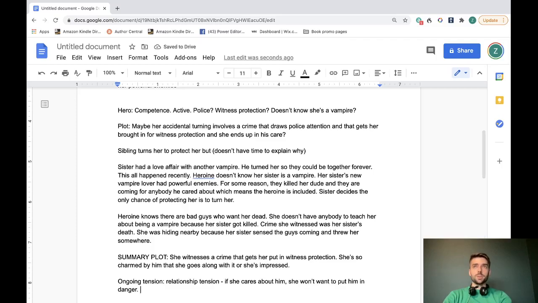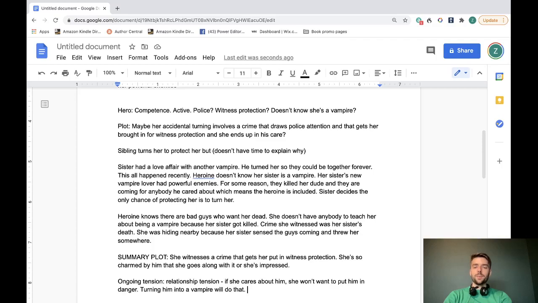And turning him into a vampire will do that, because it'll mean that the guys who are after her are going to lump him in with her people. And then maybe she's like, this isn't the kind of life I would wish on anybody, the obvious vampire tropes. So I don't really need to write all that out because I think that'll be kind of obvious.